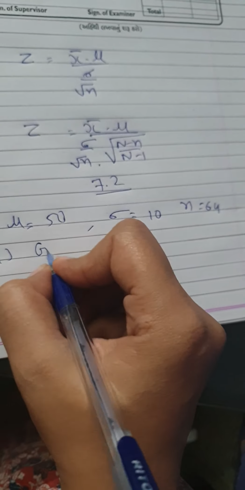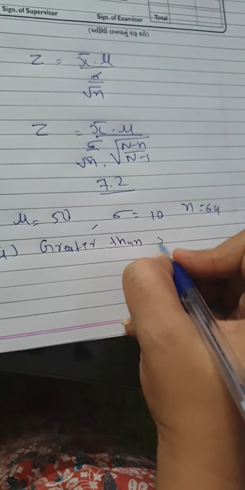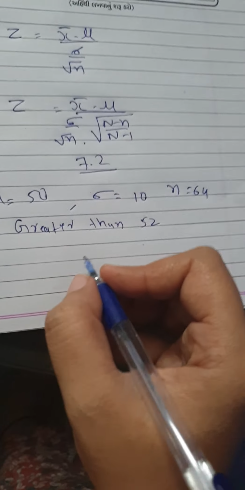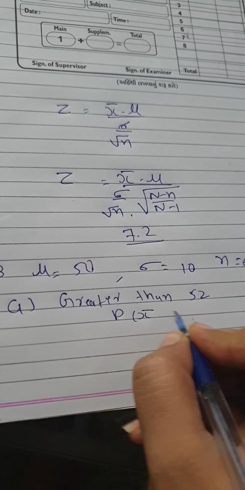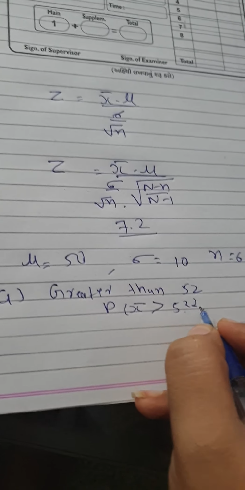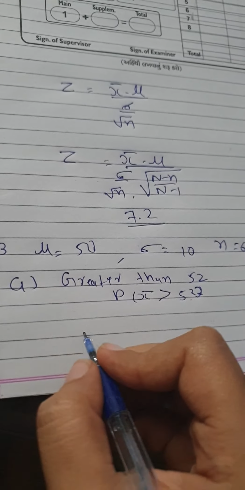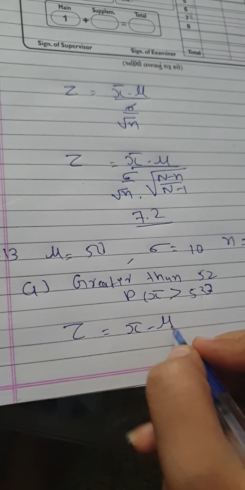First case, they have mentioned greater than 52. How to find the probability for greater than 52? So P of x bar, your average, is greater than 52. Again we will apply the formula Z equals x bar minus mu.